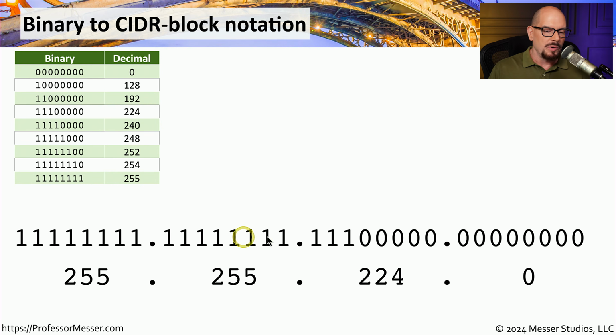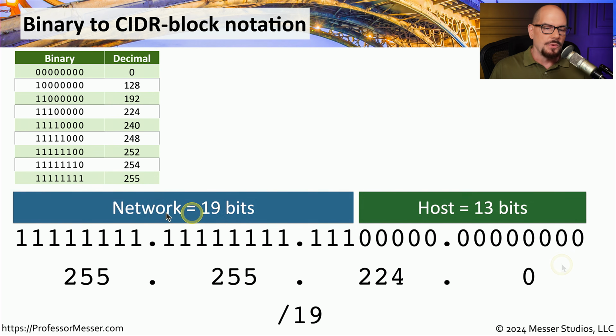If we then count the number of ones in all of these octets, they all add up to 19. So your CIDR-block notation would be /19, which corresponds back to the decimal representation of 255.255.224.0. This of course means that the network part of this address is 19 bits in length and the host section is 13 bits in length.